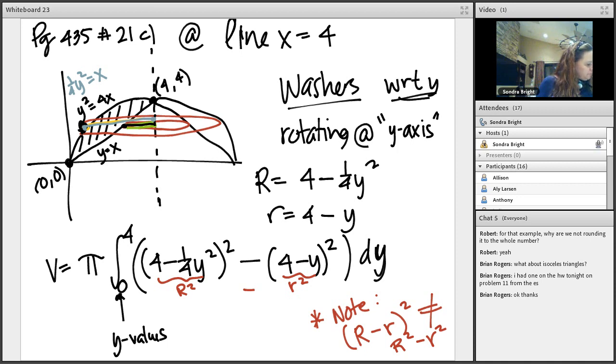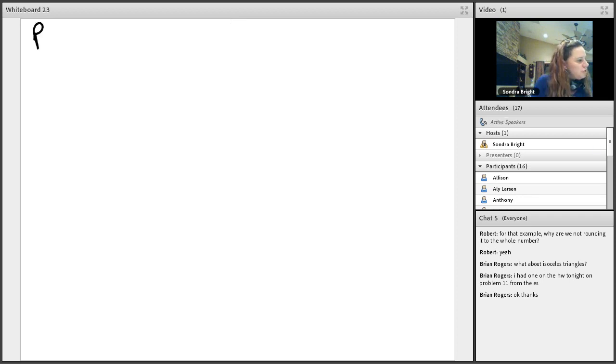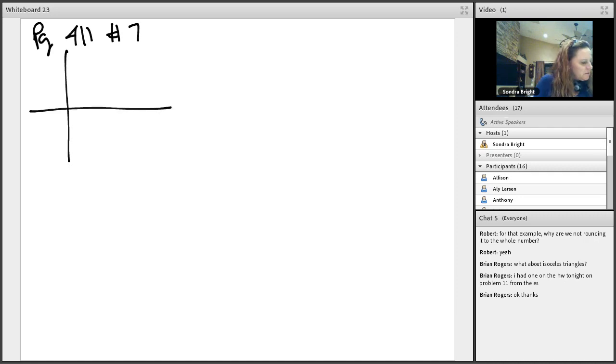Let's also do page 411, number 7, which is: find the volume of the solid generated by revolving this shaded region, bounded by this straight line.